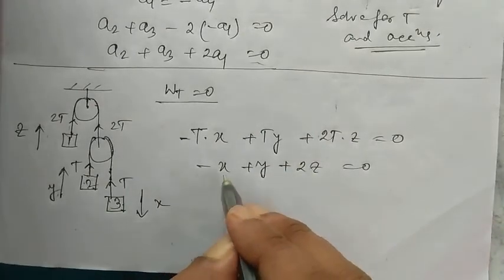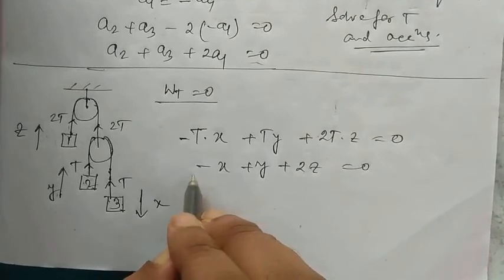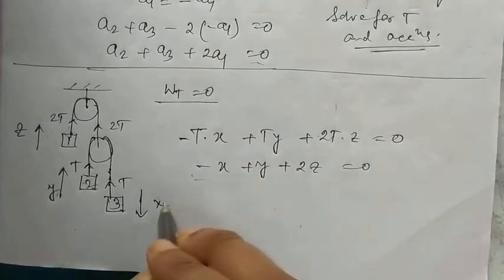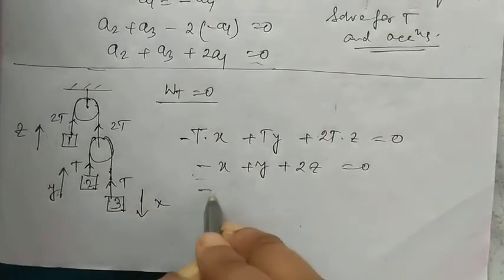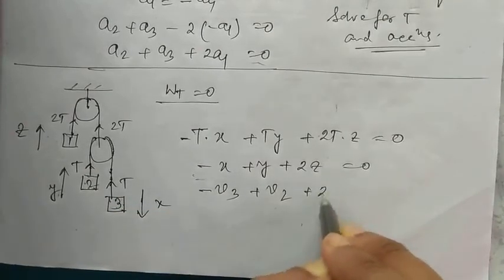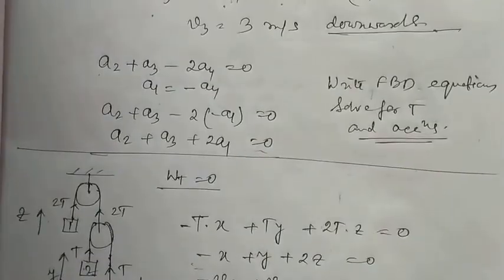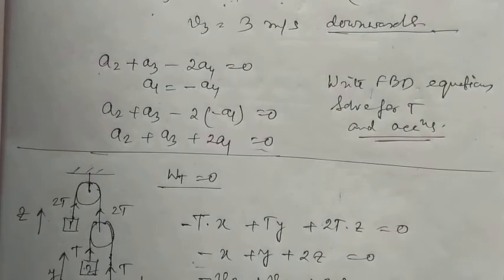So if we differentiate this equation, the terms become minus v3, plus v2, plus 2v1 is equal to 0. I suppose this was the relation that we had found out using the earlier principle.